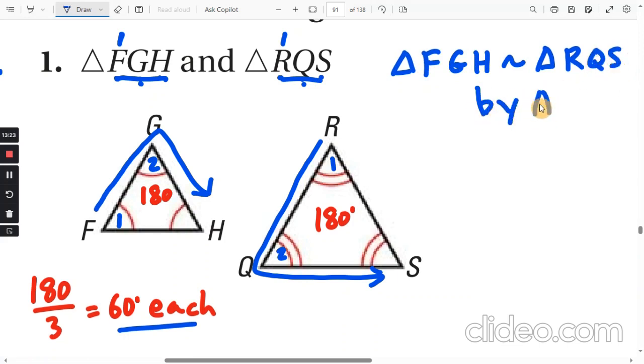by AA. Now, this one is strange because I said if you reverse the letters on this side, you have to do the same thing on this side. But for this problem, you don't have to do that because they are all congruent. All of these are 60 and all of these are 60.